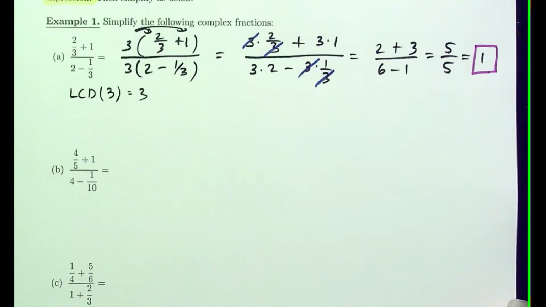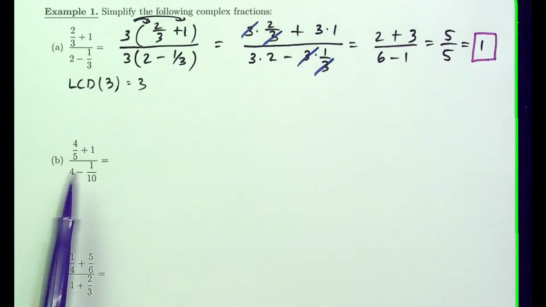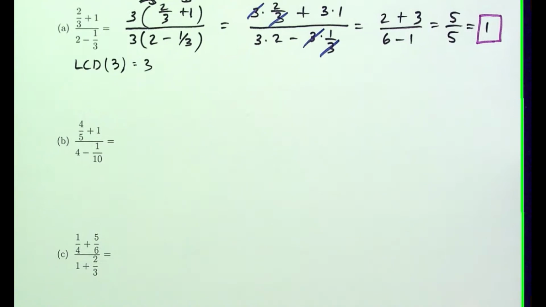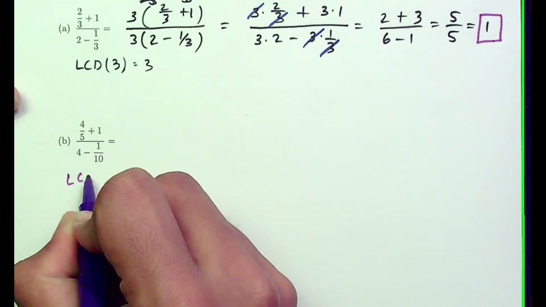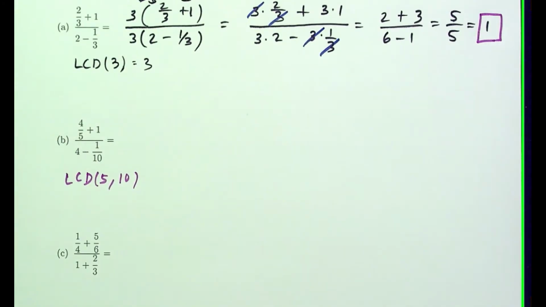But let's do another one where we have two different denominators. Okay, so this one says 4 over 5 plus 1, all that over 4 minus 1/10. Okay, so here we have two different types of denominators. Here I have 5 and a 10. 5 and 10 appear in the denominators.